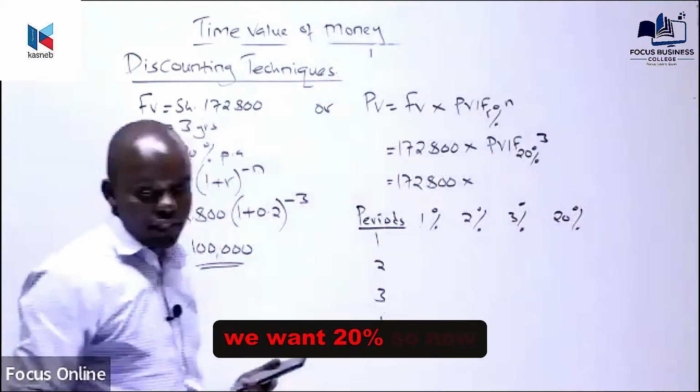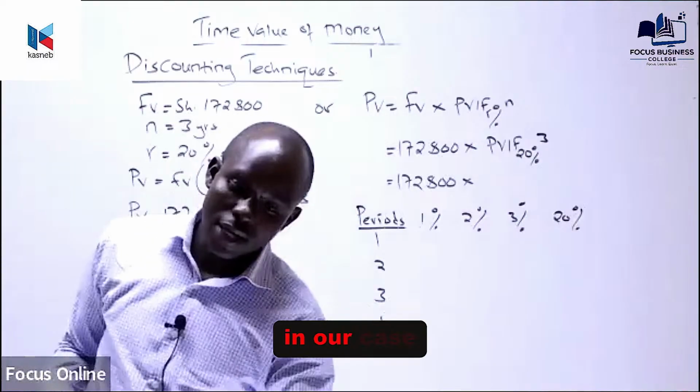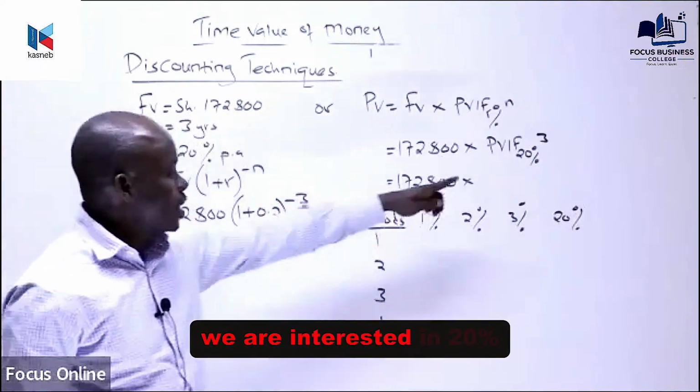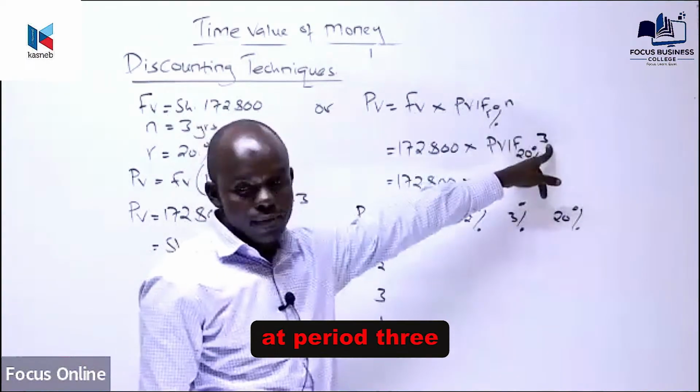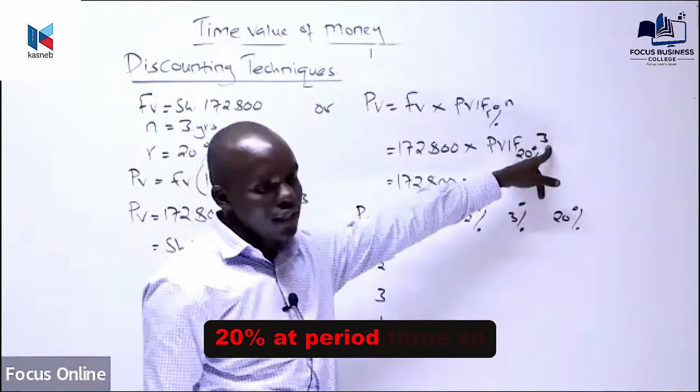We want 20%. In our case, we are interested in 20% at period 3.